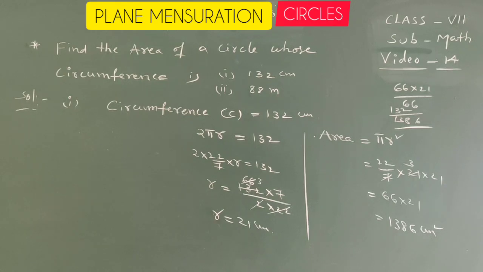Now 3 7s 21 is the required radius. With the help of this radius, we can find the area of a circle. Area of circle is pi r square. That is first one. Next.